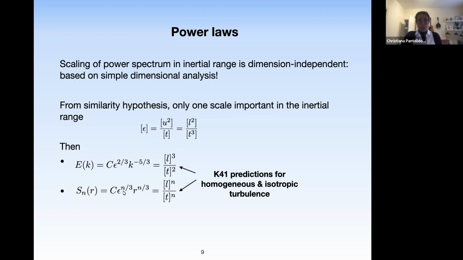Okay, and first, just like before, we take care of the time dimensions by considering epsilon to the power n over 3, and we fix the remaining dimension using r. So it turns out that r should be raised to the power n over 3. So this is the famous result by Kolmogorov that the nth longitudinal structure function should scale like r to the n over 3 in the inertial range.